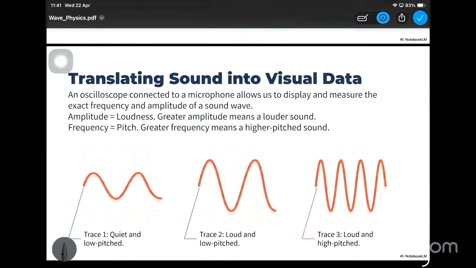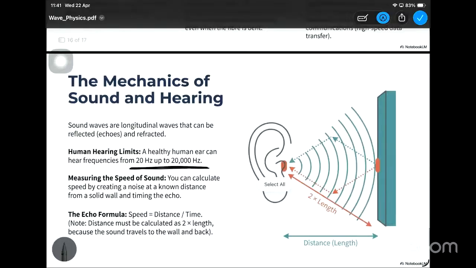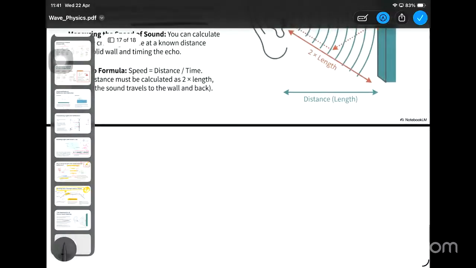Remember about the pitch and loudness, right? So use the textbook and try to remember them. And for this thing, measuring the sound, the distance, right? Okay.